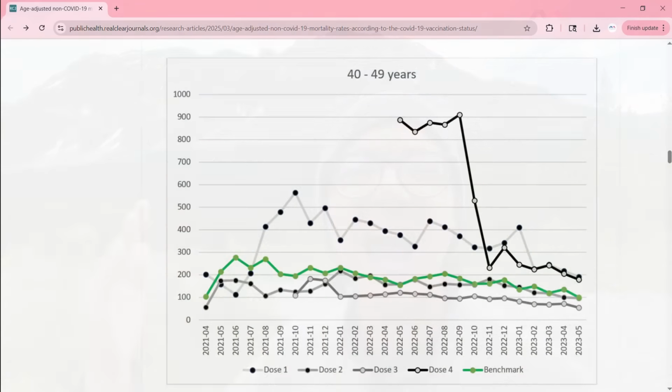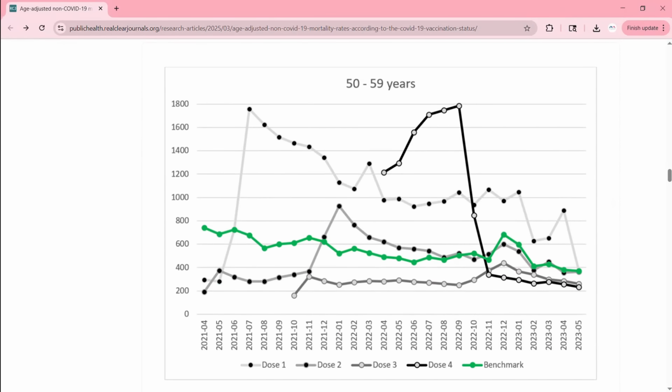When it comes to 50-year-olds, again, 23 out of 26 months, the death rate was higher for the one-time shot. For 2 shots, things change a bit here. 13 months out of 26 was lower, and the last 10 months was equivalent.